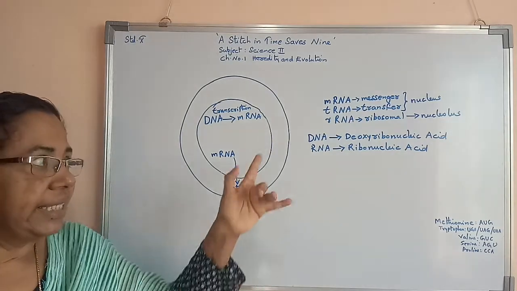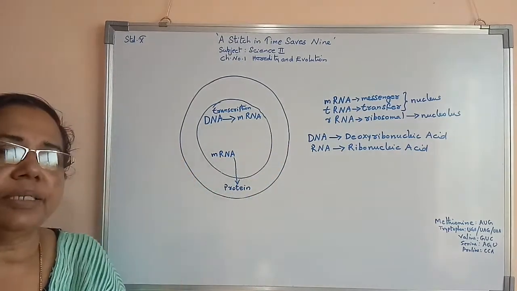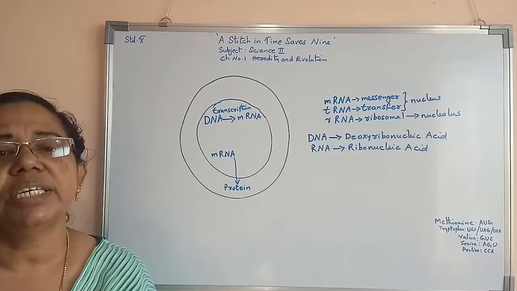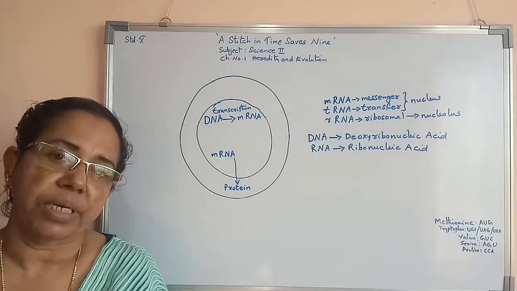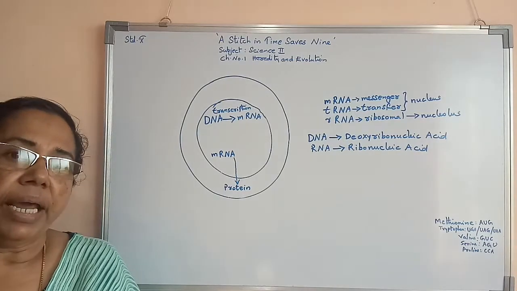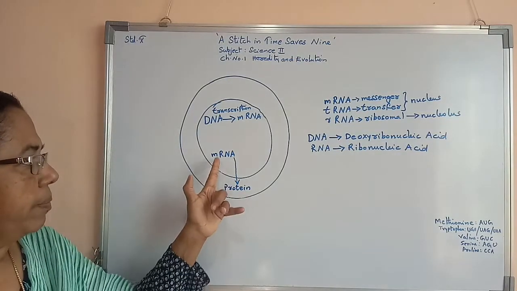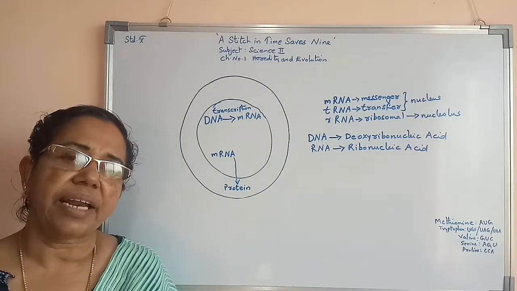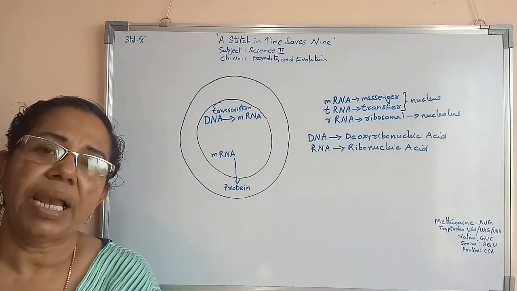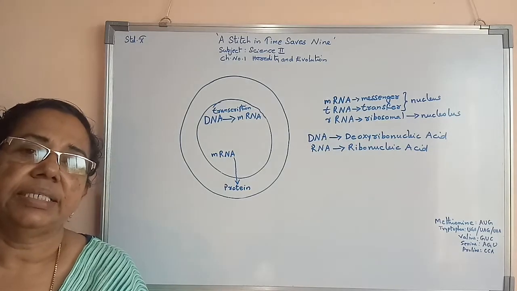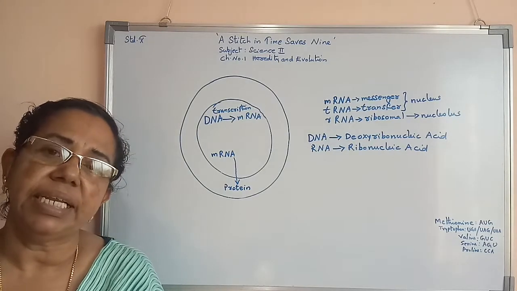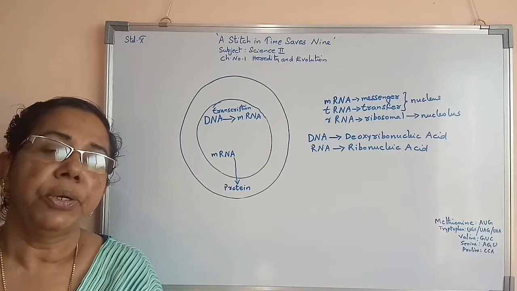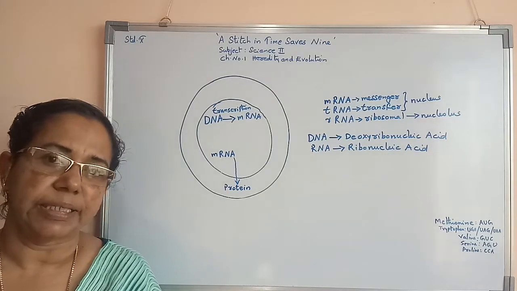Now inside the cytoplasm there is the ribosome. The main function of the ribosome is protein synthesis. Messenger RNA is reaching here, and similarly transfer RNA as well as ribosomal RNA will be present in the ribosome. They do different functions.